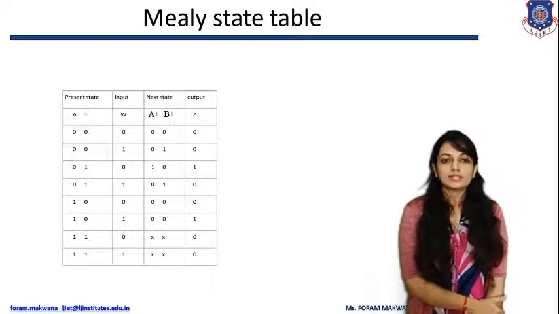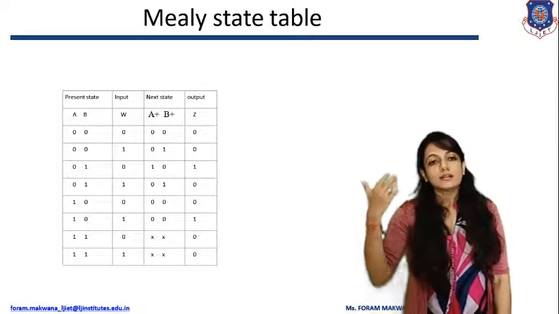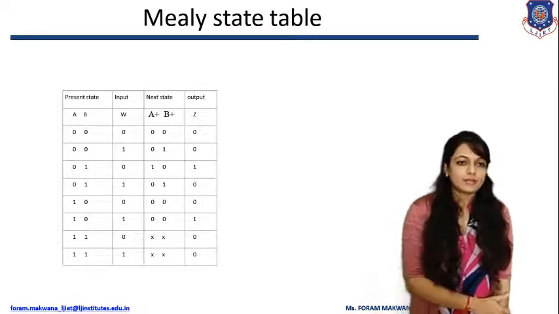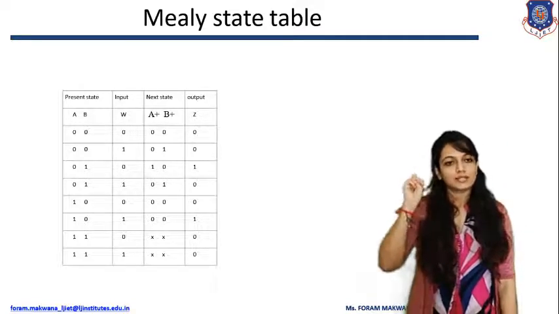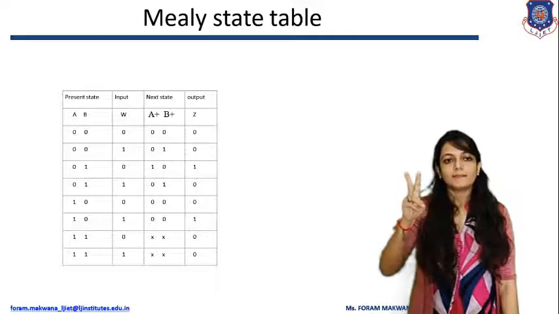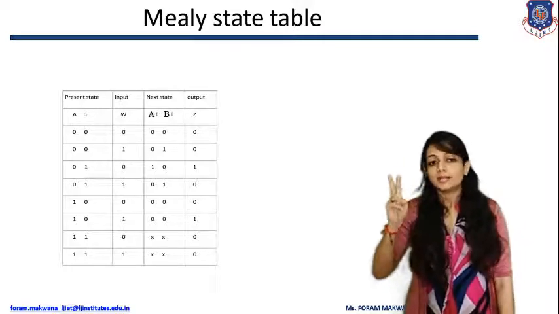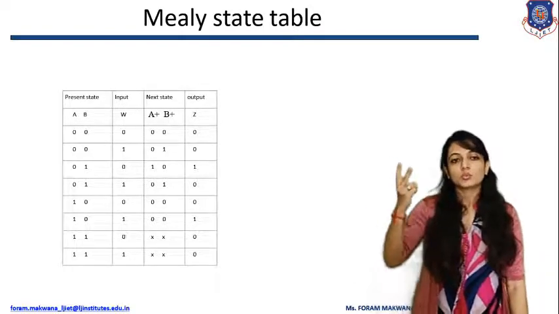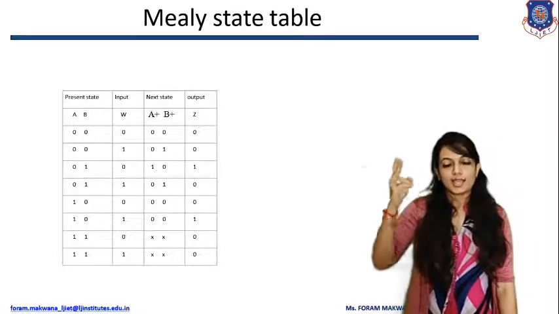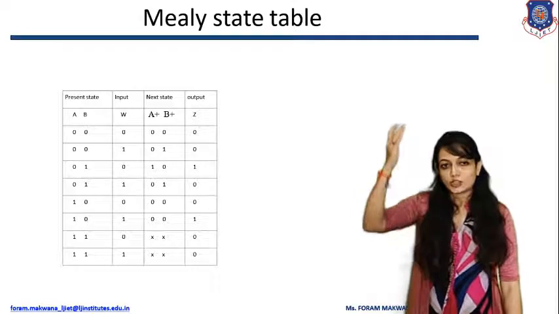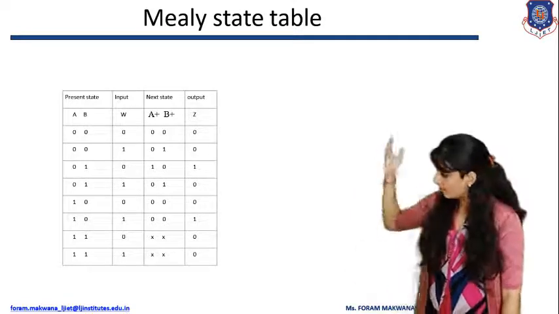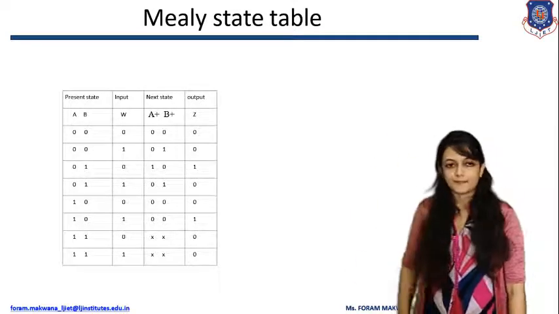So we need to consider by drawing a Mealy map of 3 variables. One is the input and the other is my present state that has 2 bits, A and B. Alright, so we are able to derive the state equations for A plus, B plus and Z.